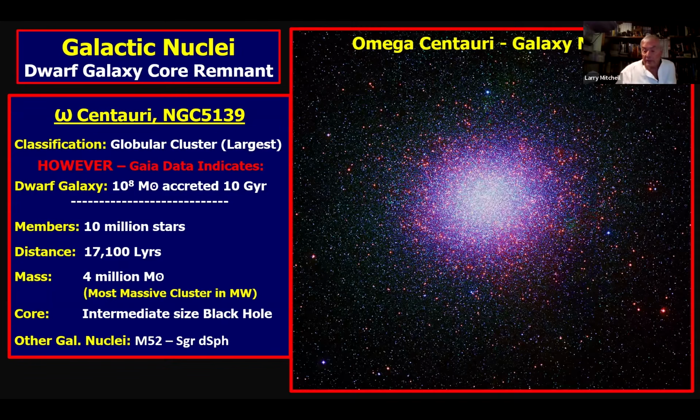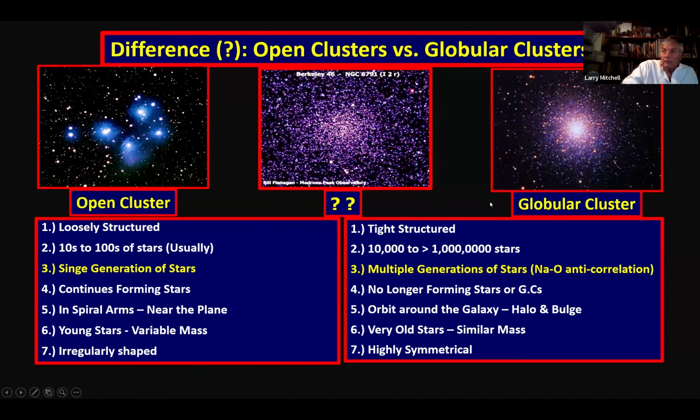It's thought that it is the core or the host cluster for the Sagittarius dwarf spheroidal galaxy, which is currently merging with the Milky Way galaxy. So this, as I say, is a galaxy nucleus, and it's a beautiful, beautiful object in just about any telescope.